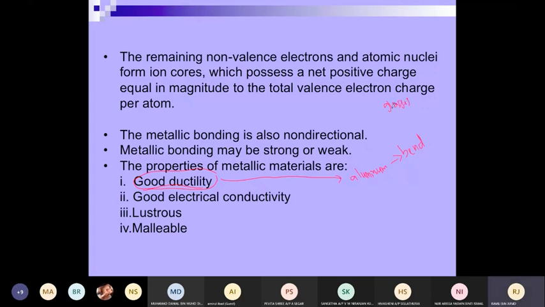So this is called brittle. But metal is ductile because it can be bent. And then good electrical conductivity, because of the sea of electrons. And then lustrous and malleable.